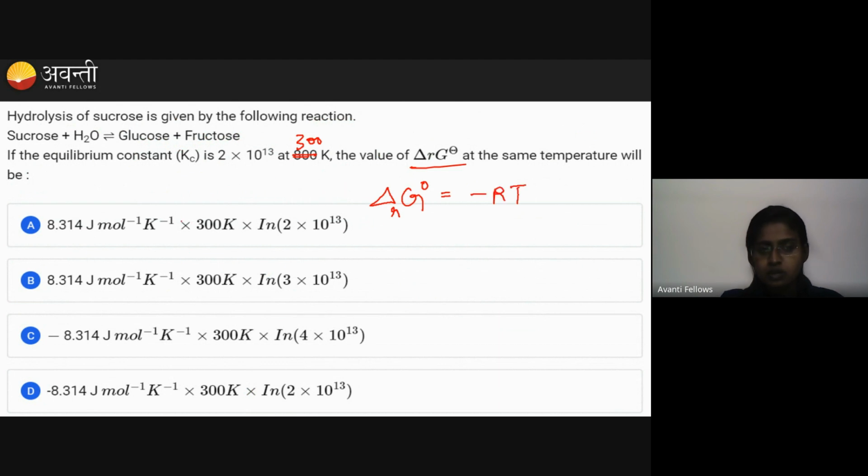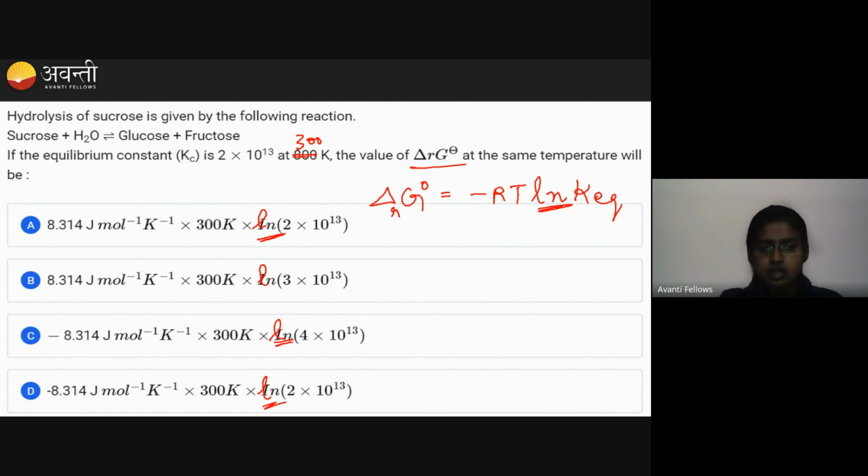In all the options you see it is ln, so it is not given in terms of log. So it is ln into KEQ. If we convert ln into log, we have to multiply by 2.303, but that is not required. Keep this as ln itself.